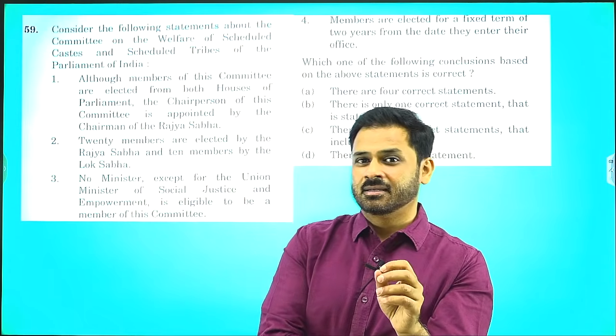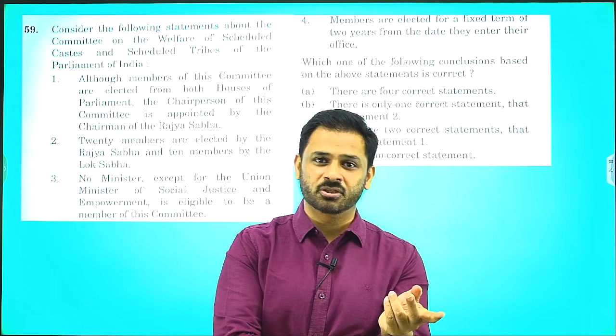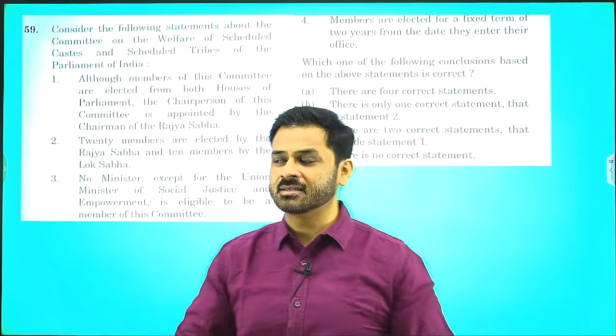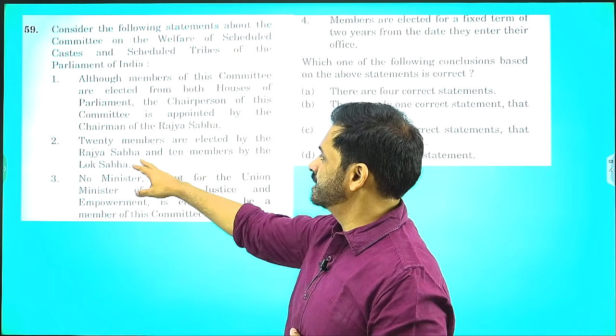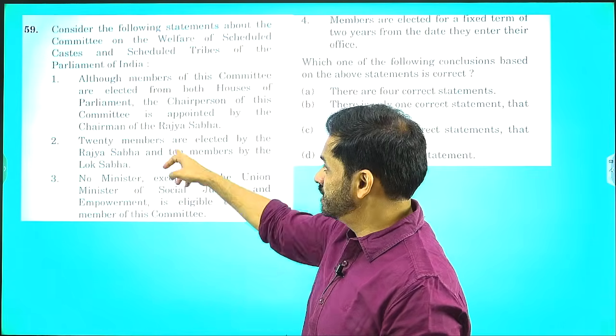One thing is clear: if there is a joint committee, then obviously the members will be in proportion of Lok Sabha and Rajya Sabha. So Lok Sabha members will be more than Rajya Sabha, right? So the statement that 20 members are elected by the Rajya Sabha and 10 by the Lok Sabha is wrong because the ratio cannot be such.